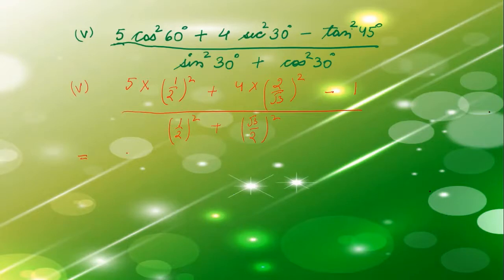That is 5 upon 4 plus 4 multiplied by 2 square is 4, 4 plus 4 upon 3 minus 1, divided by 1 upon 4 plus 3 by 4. So it is 5 upon 4 plus 16 upon 3 minus 1 upon 4 upon 4. So it will be 1.